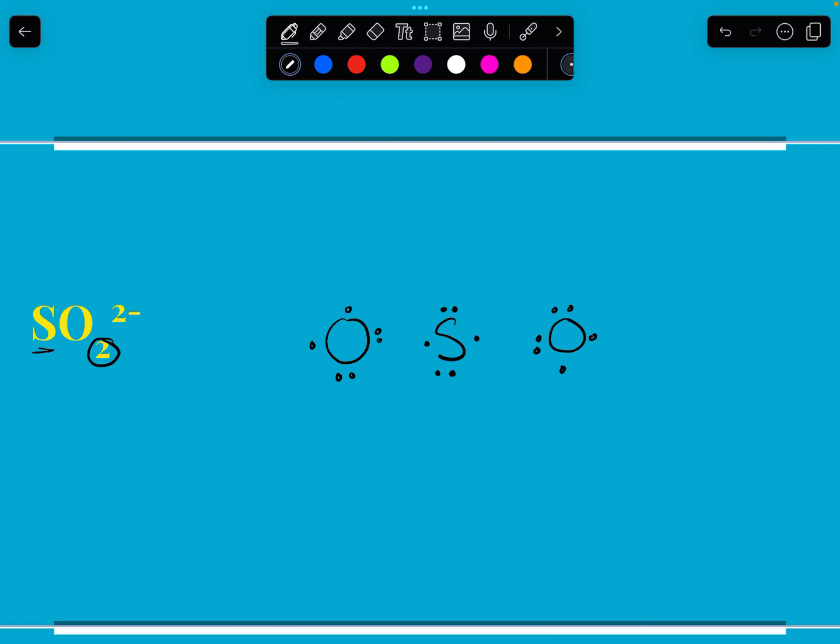Now we have our charge over here, so that means we get a bonus 2 electrons. Remember, we always add them to the outside atoms, so I'm going to give 1 to this one and 1 to that one. If you have more than 1 to give, spread them out. Don't just give it all to one because we still want to show that it bonds.